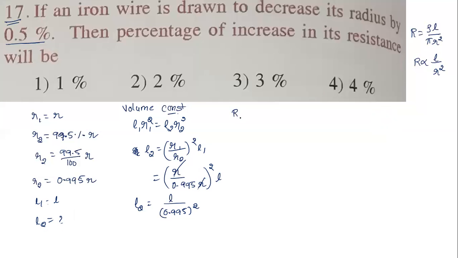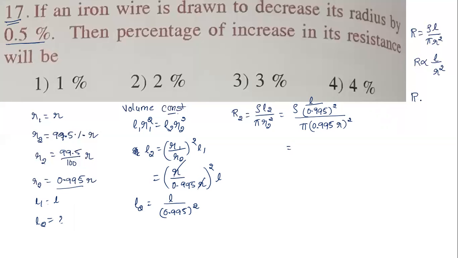The final resistance, let's say R2, equals rho L2 by pi r2 square. Rho L2, how much did we get? That is L divided by 0.995 square, divided by pi r2, where r2 is 0.995 into r, squared.